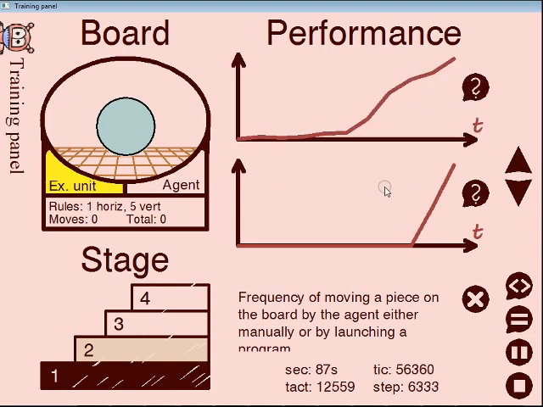Actually, these indicators just show the frequency of which kind of reward the agent earns when training. Okay, let's see what has happened here while we were discussing the indicators.